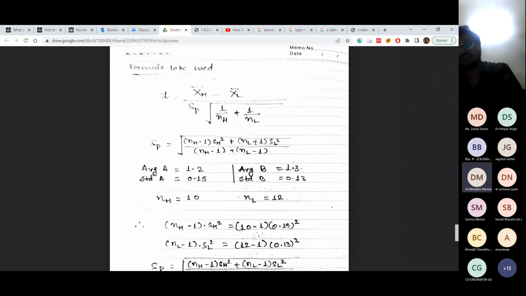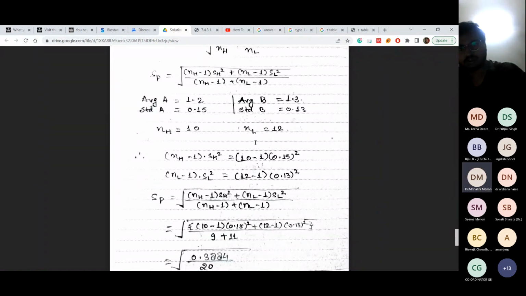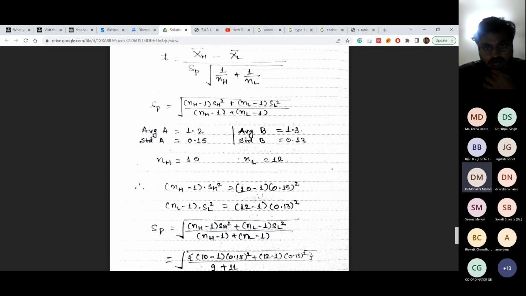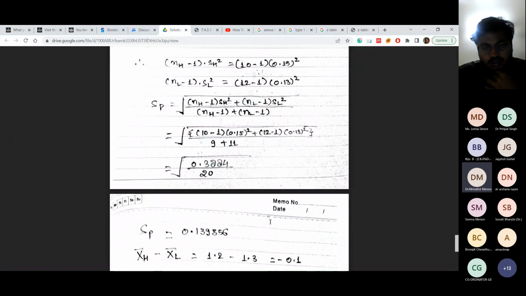There's a difference because the NH may not correspond to the higher of the 2, where N corresponds to the number of items in the distribution. Even in the way they have worked out the problem, 1 by NH is coming as 1 by 10 and 1 by NL is coming as 1 by 12, when 10 is the lower of the 2.